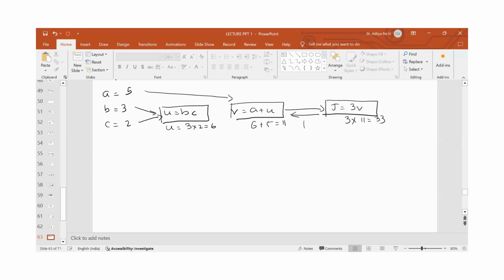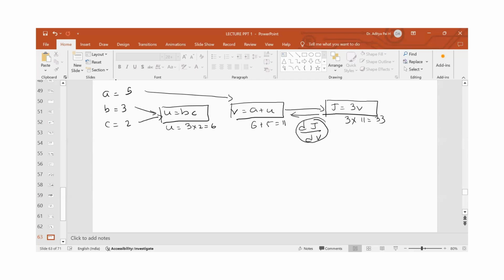Now, if I feel that a value change is required, then I need to change the value of V with respect to J first.